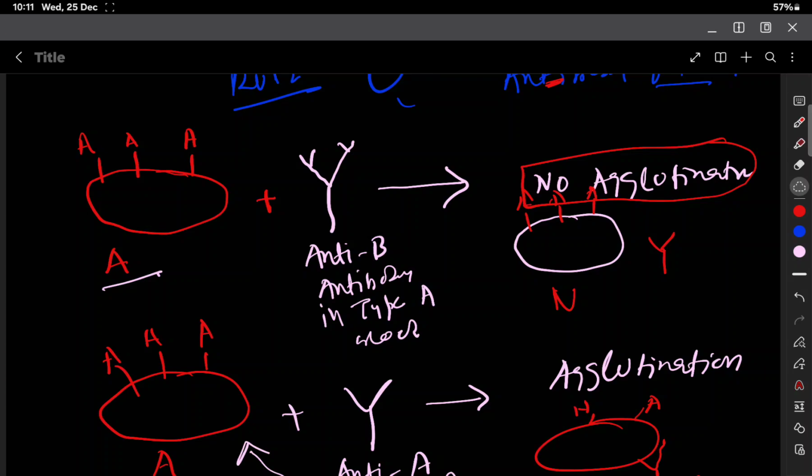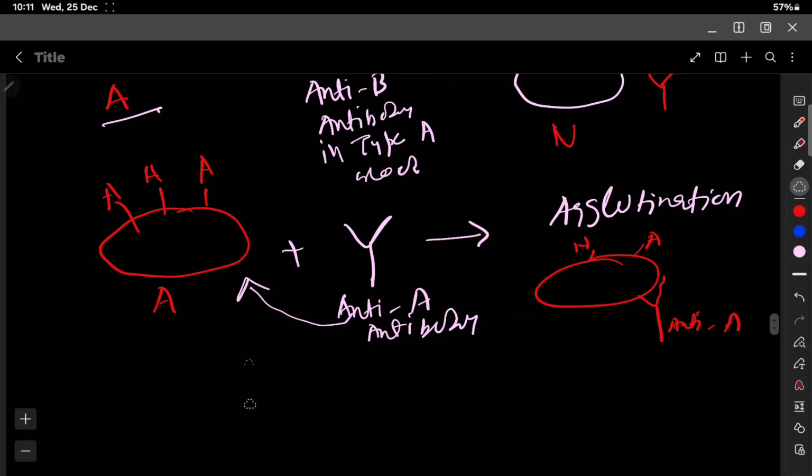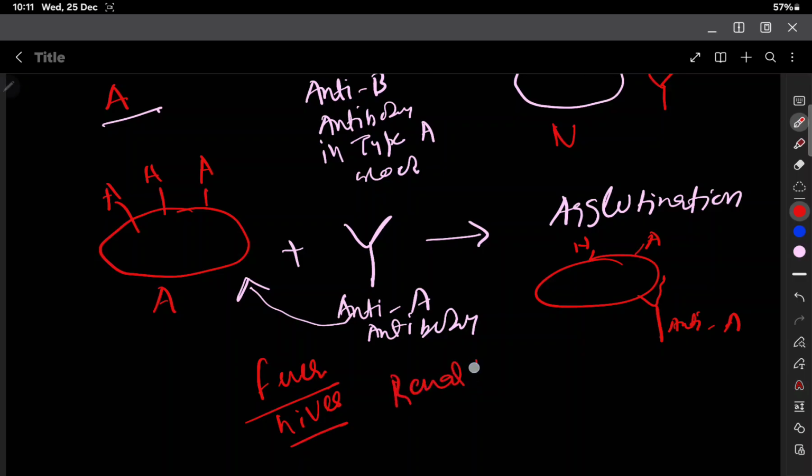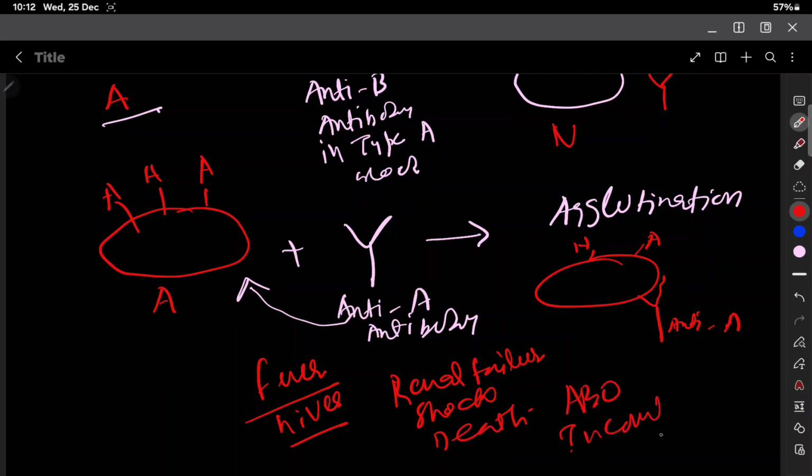So the reactions may be mild, sometimes they may cause fever, and sometimes they may cause hives, that is a skin disorder characterized by itching, or it may be severe, leading to renal failure, shock or death. And this occurs only due to ABO incompatibility.